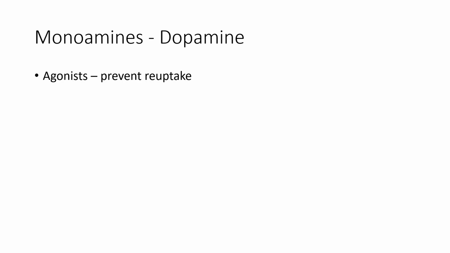We can further discuss agonists for dopamine. So these are, again, going to be drugs that increase dopamine availability. In particular, they prevent reuptake of dopamine from the synaptic cleft, so it allows dopamine to hang out in the synapse. Amphetamines and methamphetamines allow dopamine to remain in the synaptic cleft by preventing reuptake.